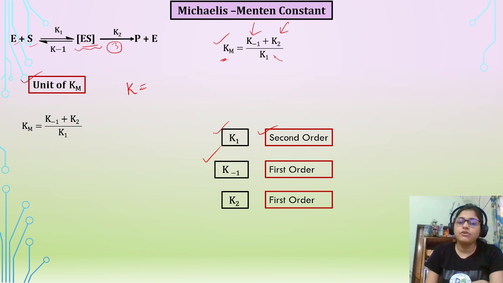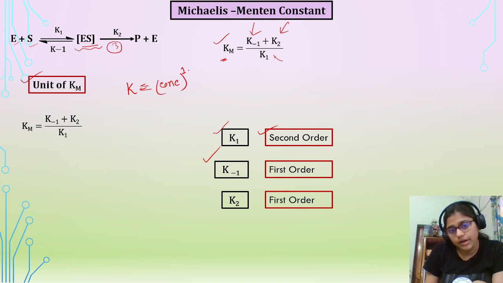So overall, the unit of rate constant was what? Concentration to the power 1 minus n and time inverse, where n is the order of the reaction. So for the first order reaction, n will be 1, so the concentration term will be 0.